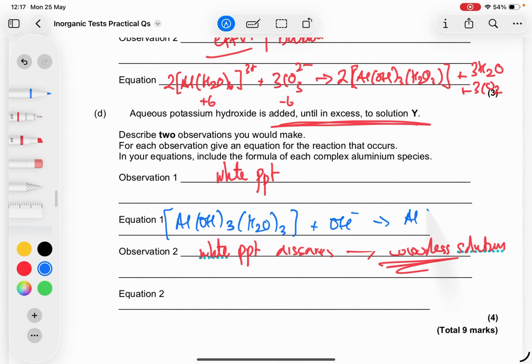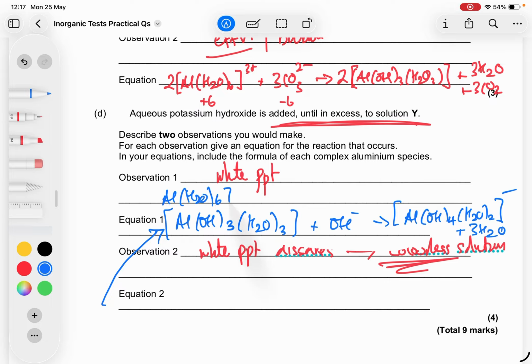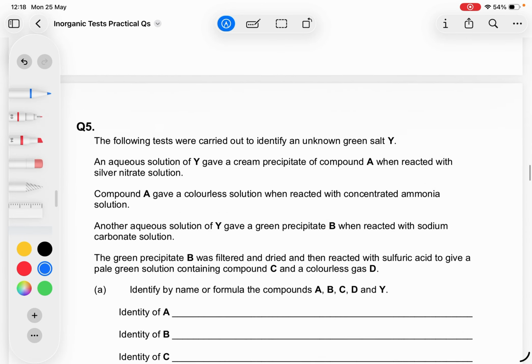That will give me Al(OH)4 minus and 3 waters. That's probably the better one. This is equation 2, not equation 1. Equation 1 is where you get Al(H2O)6 3 plus and 3OH minus, and it will form this and form 3 waters.